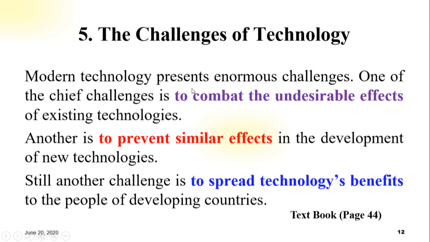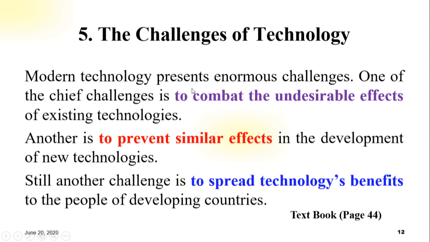It means some experts believe that most harmful effects of technology can be prevented. And the last one, to spread technology's benefits.